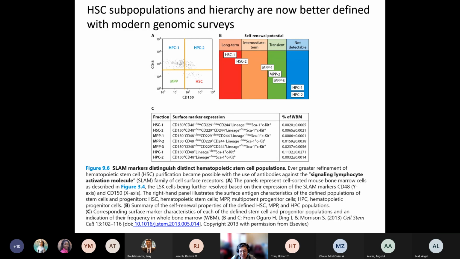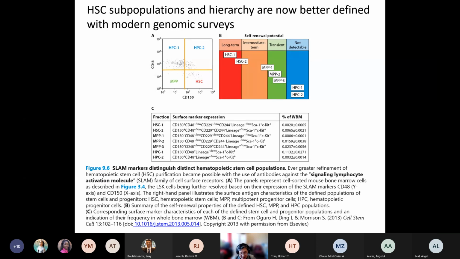Through that analysis, he was able to describe, genome-wide, what genes are specific for each population. He was able to do that because macroarray and later RNA sequencing technology became available. Now he can capture the cells and just survey what's expressed in them, so you can get the big picture, the whole scene of what genes are expressed there.